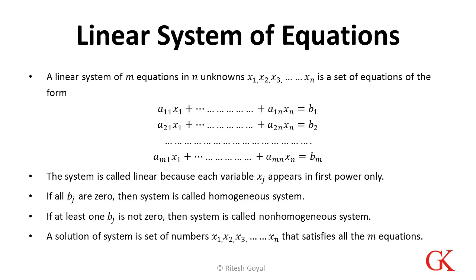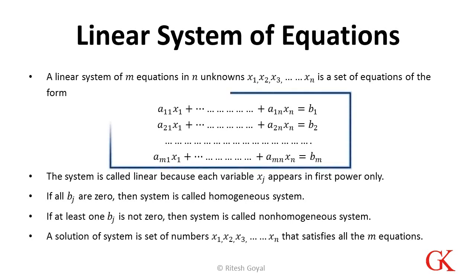That's a point on the first equation. For a solution of this particular linear system of equations, we should get a set of x which basically satisfies all the equations. How to obtain it? We will see. Remember the linear system of equations.